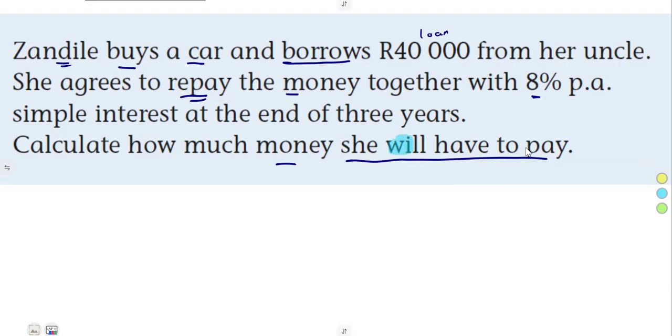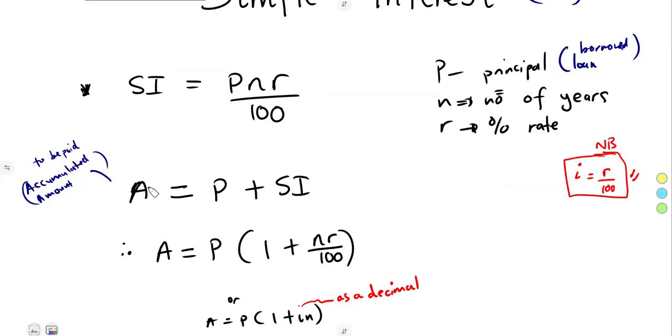She will have to pay. This is the condition that you are given. What is to be paid? The accumulated amount. So there are so many ways of answering this.